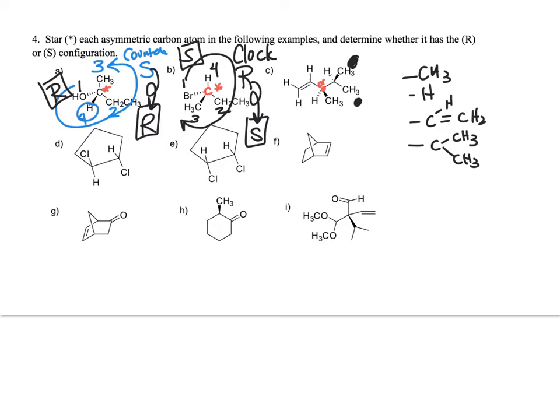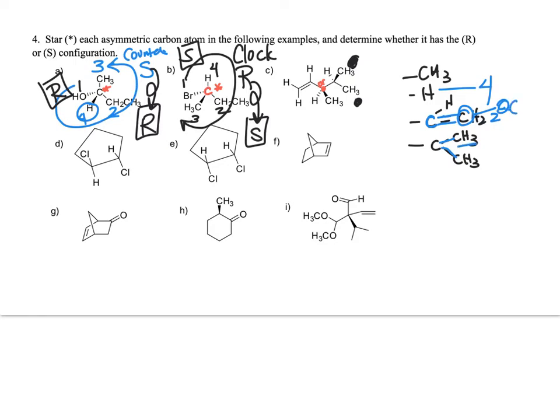Now if we're going to give them priority assignments, hydrogen would be 4. This carbon here is connected to 2 carbons. This one's connected to 2 carbons. So now we'd have to say, okay, well then you look at the next carbon here, and this carbon you would have to say is connected to 2 carbons.